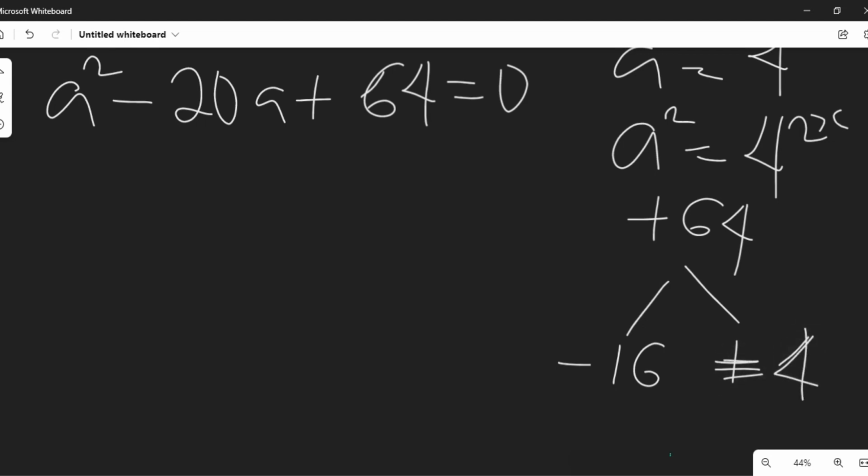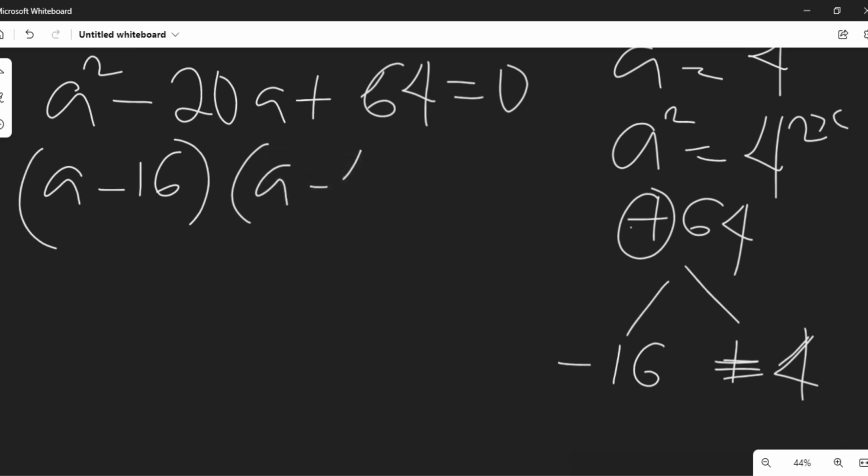Minus times minus will give us plus, and 16 times 4 will give us 64. So that will give us a minus 16, and then a minus 4. If we simplify that, we'll have a equal to 16 and a equal to 4.